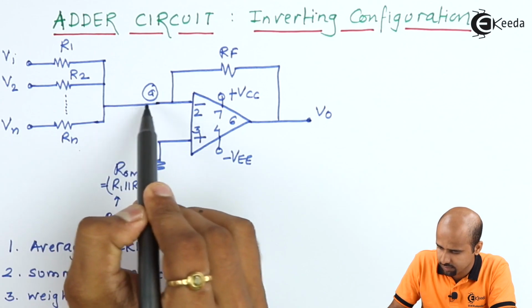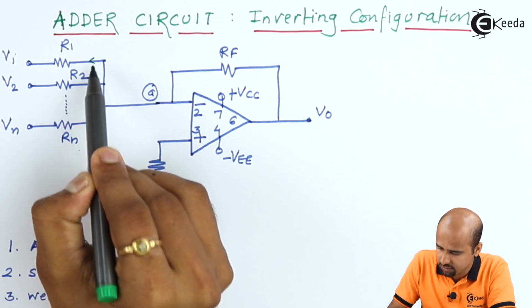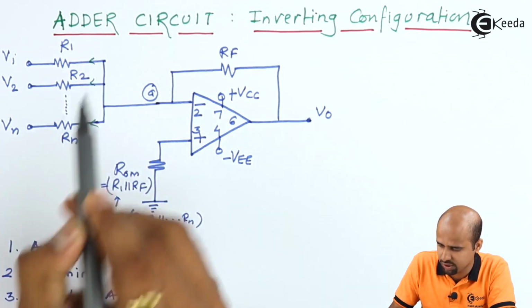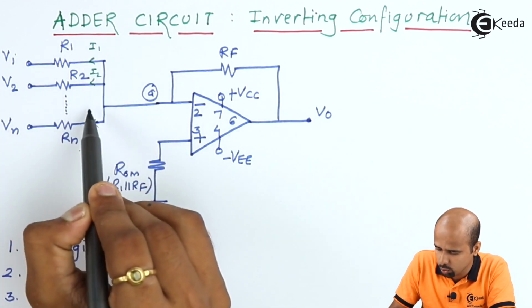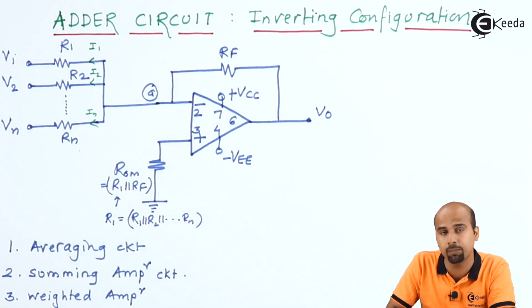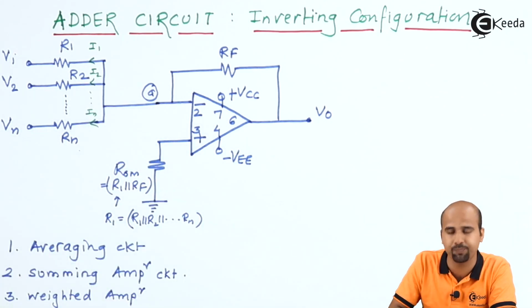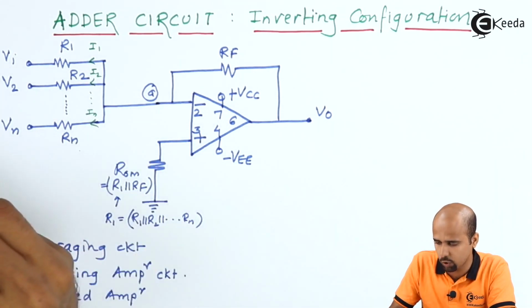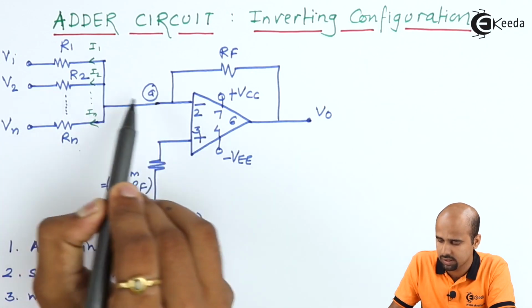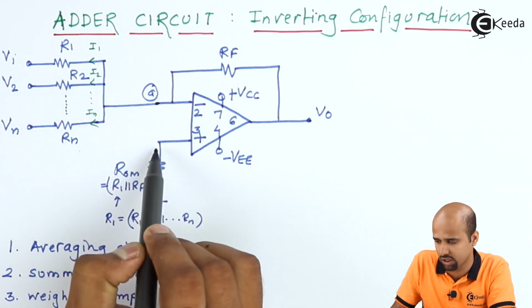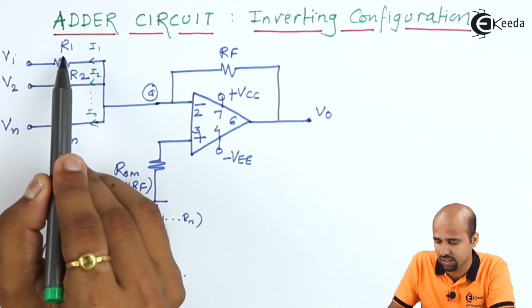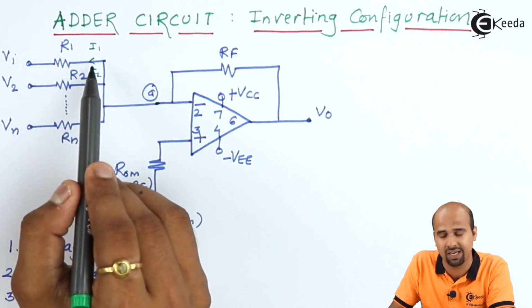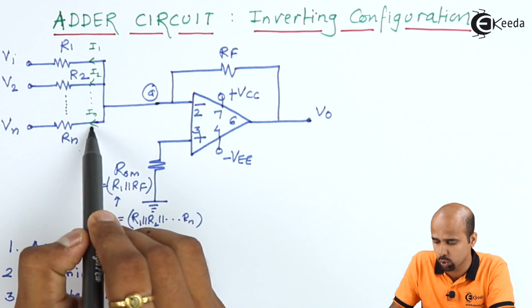This circuit is divided into n number of branches. I can say that I will have current I1, current I2, up to current IN. And these currents are nothing but 0 because of the virtual ground concept we have already learned. 0 minus V1 divided by R1 is nothing but I1. Similarly, we can find the values of I2 up to IN.